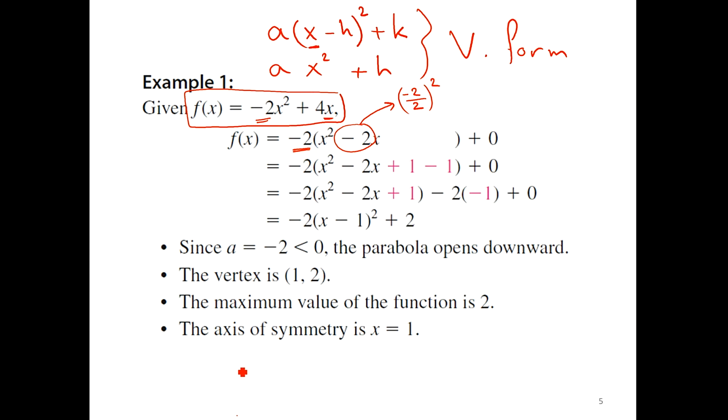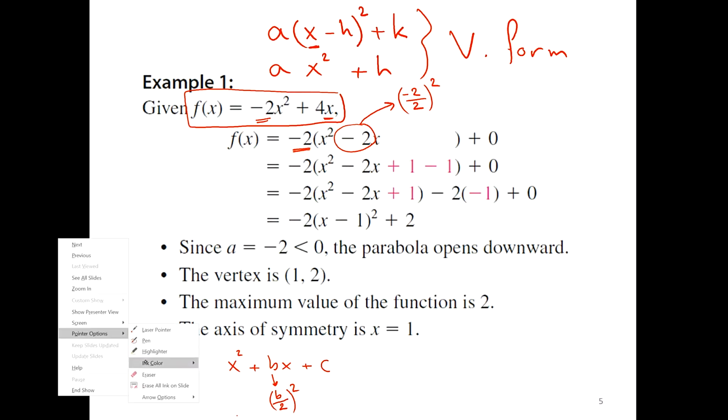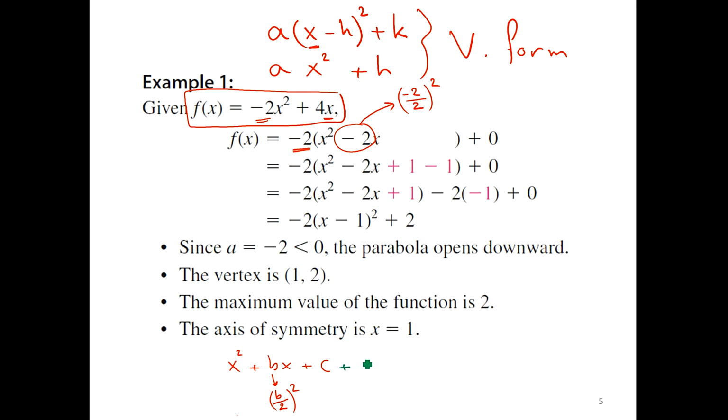For any complete square, for example, we have x square plus bx plus c. If we need to find the complete square, take b and divide by 2 and find the square. So we can add and subtract this value: add b over 2 square and subtract b over 2 square.